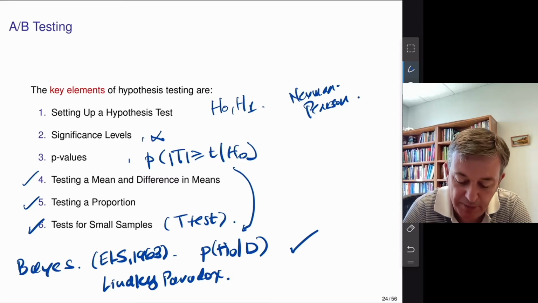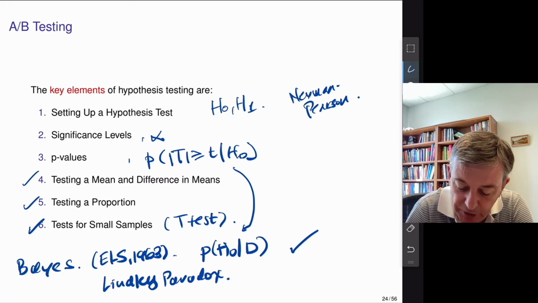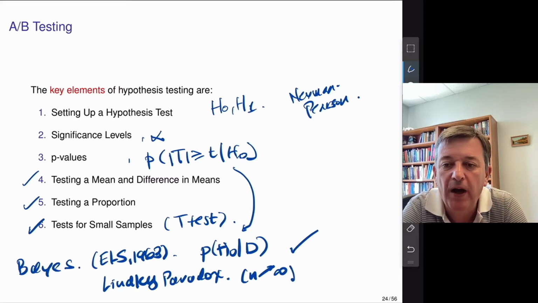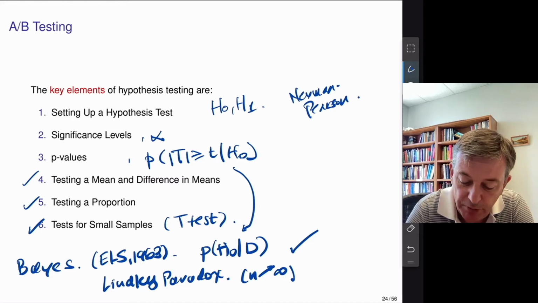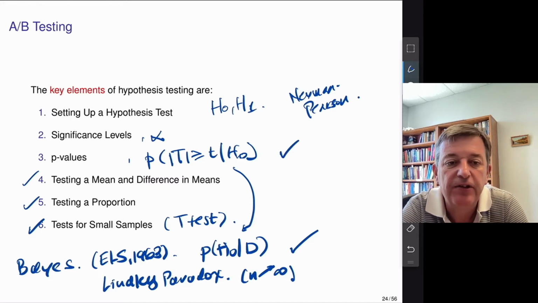In Lindley's paradox, as n goes to infinity, the probability that the null is true can go to 1 if the t ratio is held constant at, say, 2. And the intuition there is that if I have a very large data set, suppose I have 100,000 observations, and I get a t ratio of 2, the classical approach will reject H0 and say, okay, the p-value is less than or equal to 0.05.